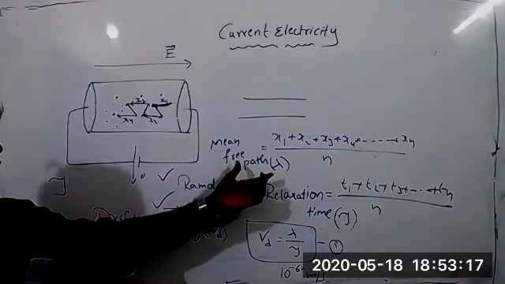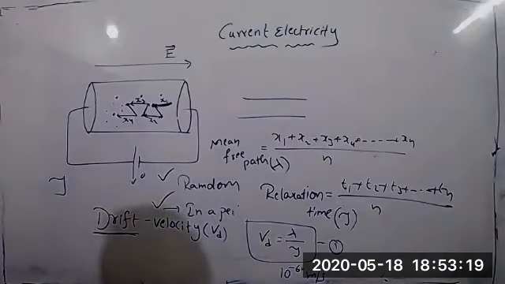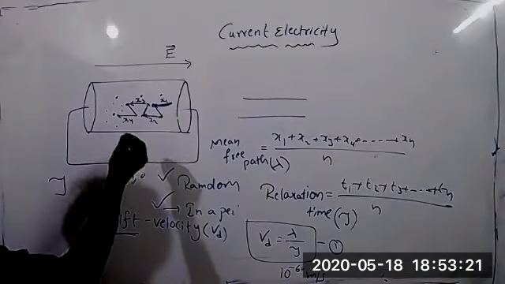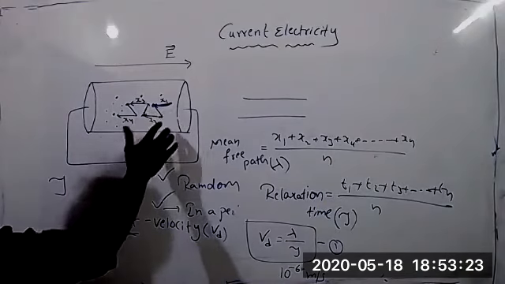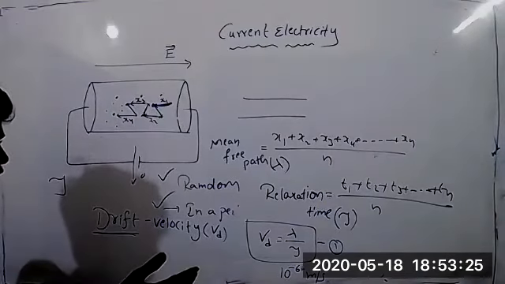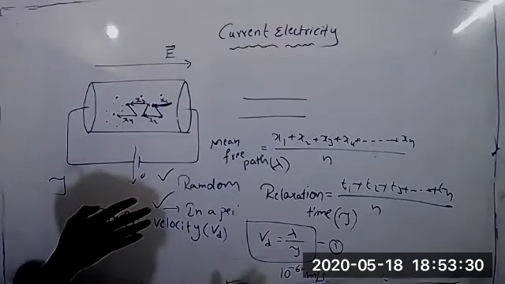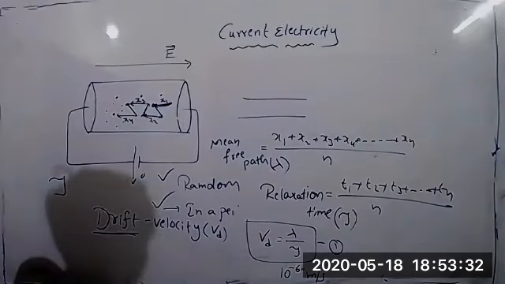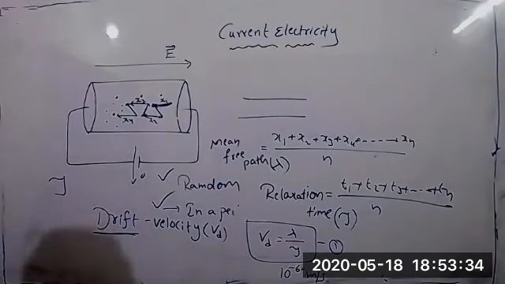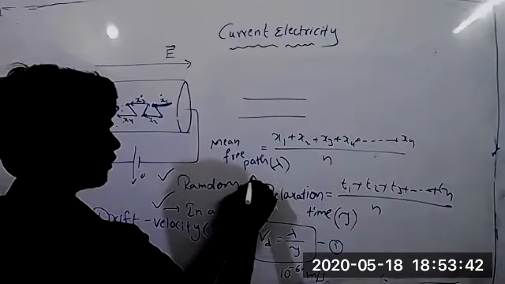Relaxation time means the time interval between two successive collisions. When it is going to collide, there is a time gap. That time gap is called relaxation time, and the average is called average relaxation time.